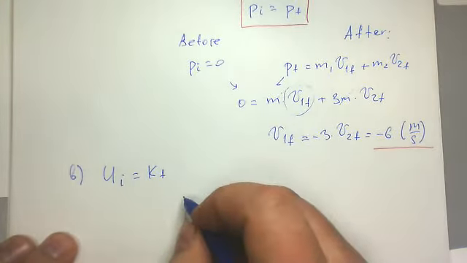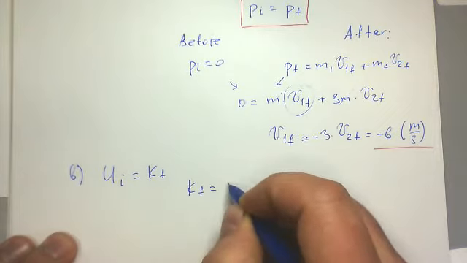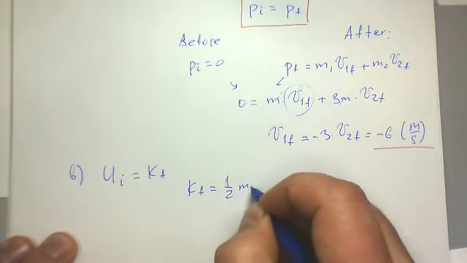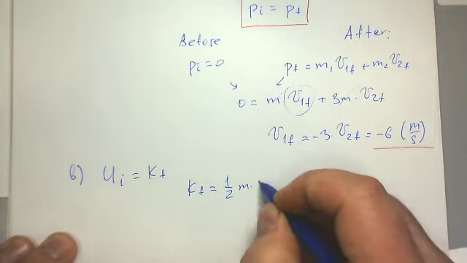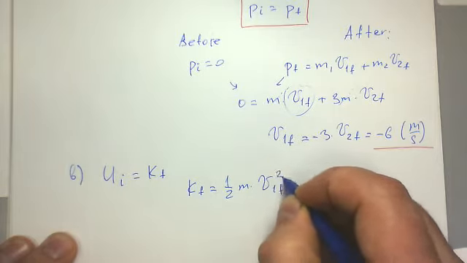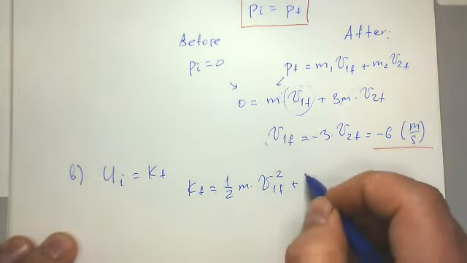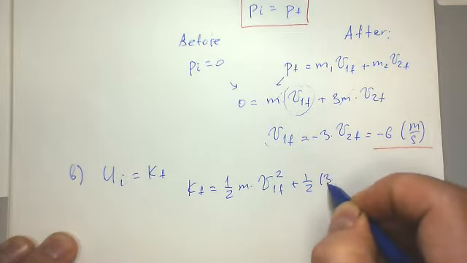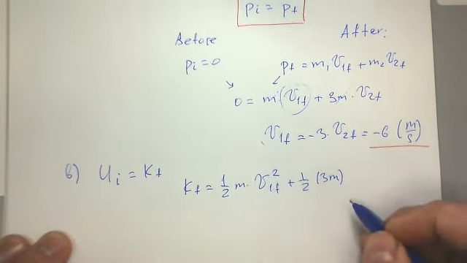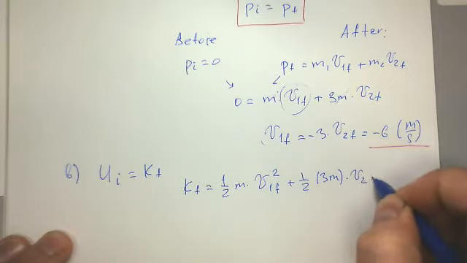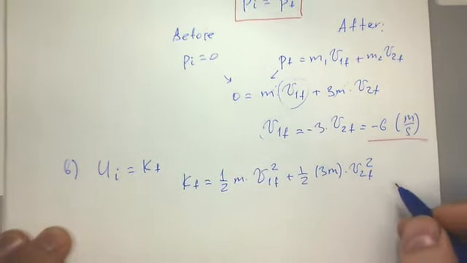Let's calculate the final kinetic energy. That would be 1 over 2 m, the mass of the small object, times v1 final squared that we just found, plus 1 over 2, the mass of the second object, which is 3m, times v2 final squared, which is given in the problem.